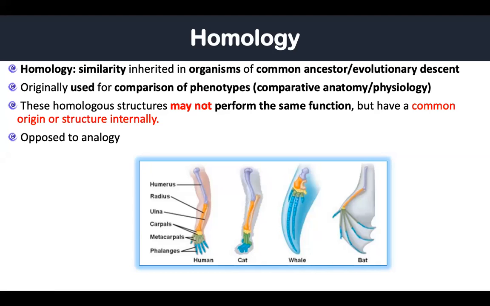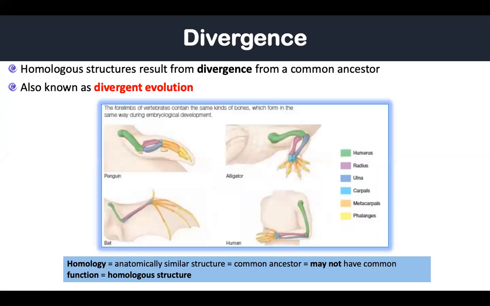So they may not perform the same function, but they have a common origin or structure internally. So these structures are known as homologous structures, and this is the opposite of analogous structures. This actually results from divergence from a common ancestor, so this is also known as divergent evolution.